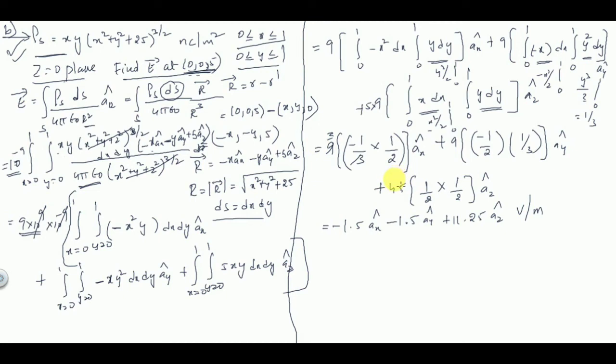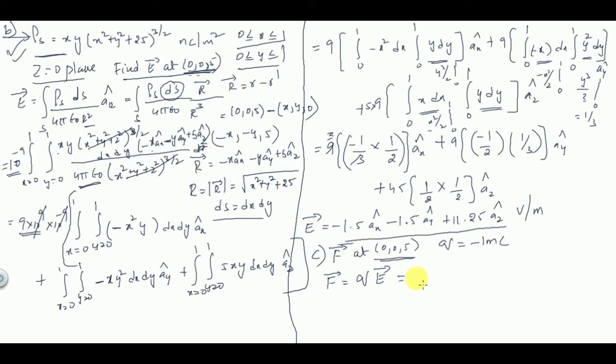So in the third problem he has asked you to find the force at the same point 0, 0, 5 experienced by the given charge q is equal to minus 1 millicoulomb. So we know that F bar is equal to q into E bar. E bar at 0, 0, 5 is obtained in the second question, so this is the E bar.